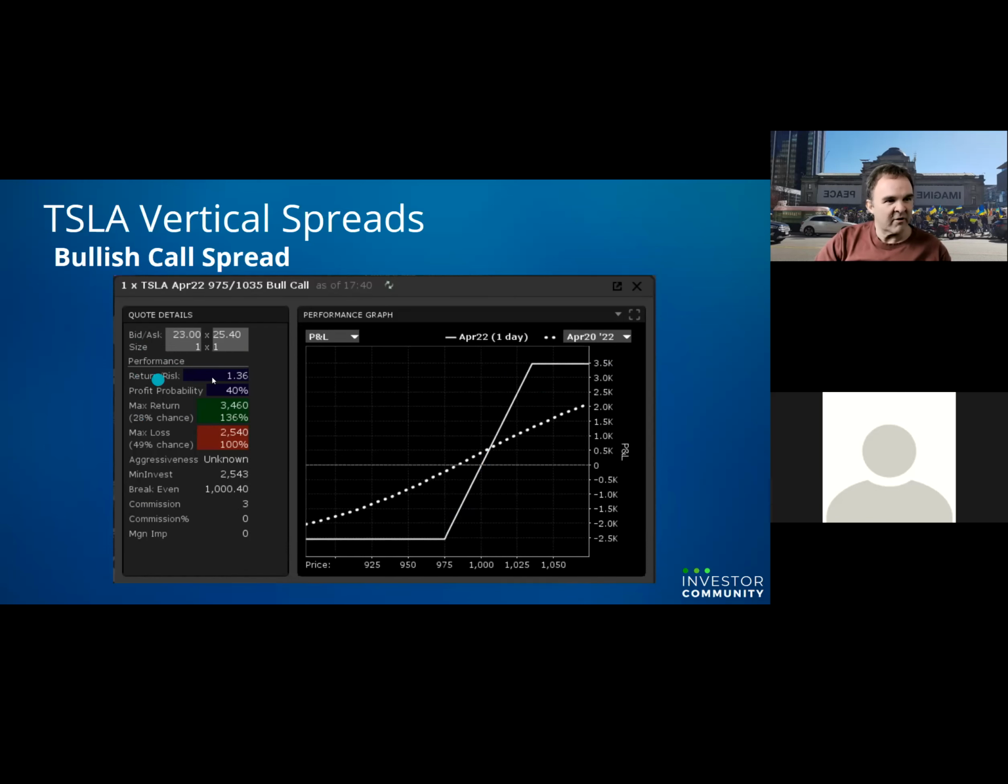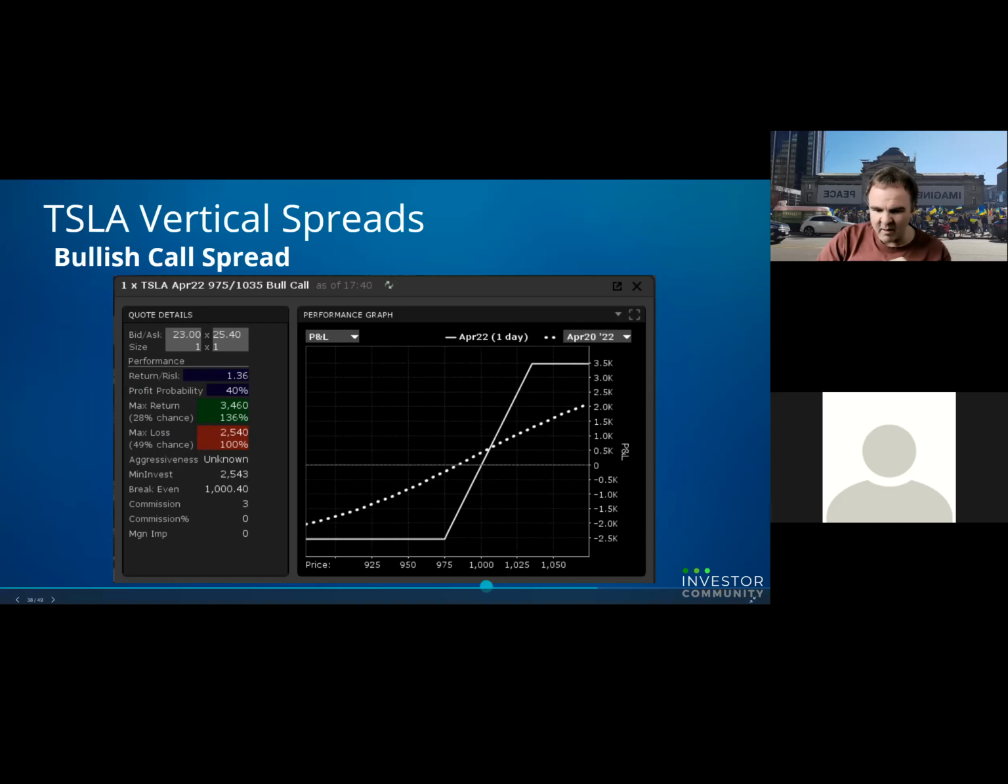If we look over here, we can see our return for risk is 1.36. Our profit probability is about 40%. Now this tends to be low on IB because it's showing us basically the worst possible prices, not the mid price. It's telling us our max return on this is $3,460 and our max loss is $2,540.